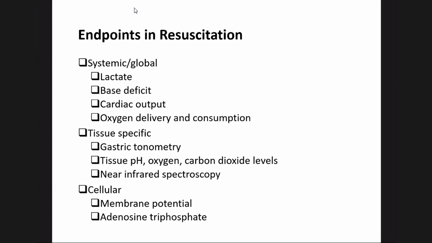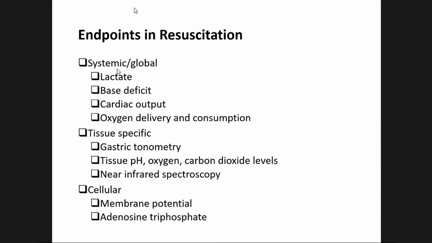So for the endpoints in resuscitation, kung kulang na talaga ito in oxygen, we have here surrogate parameters to estimate the oxygen debt para mabayaran kung saan oxygen. We have systemic or global, tissue specific, and cellular.